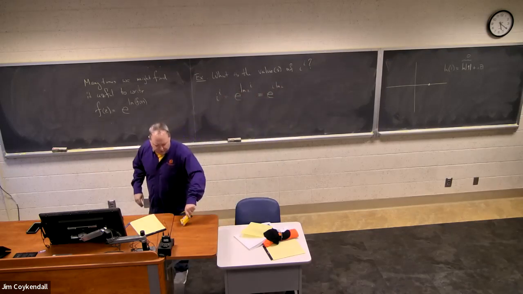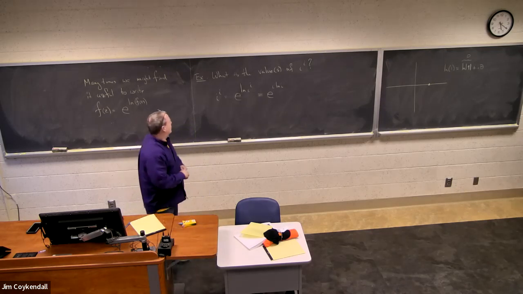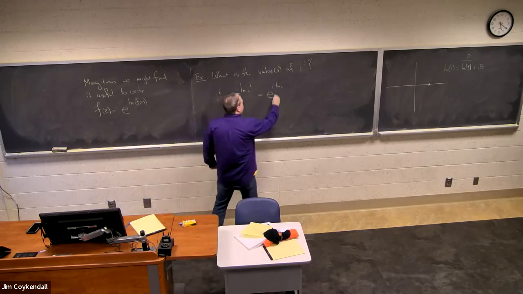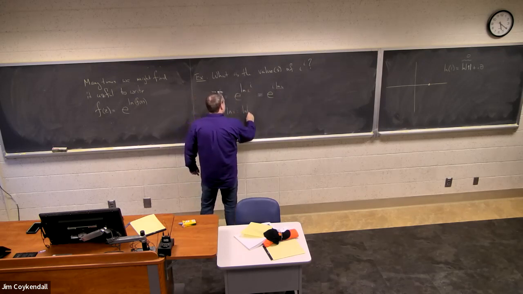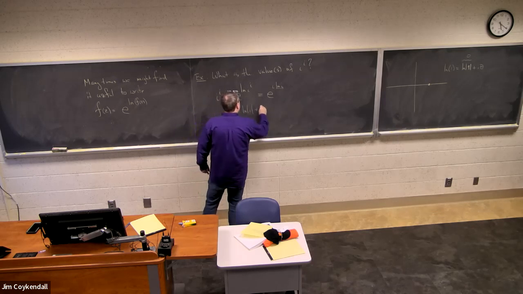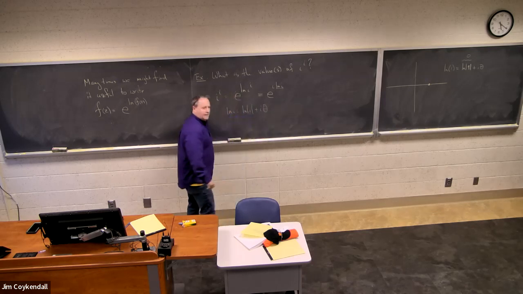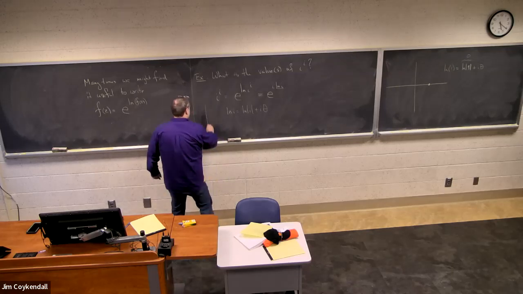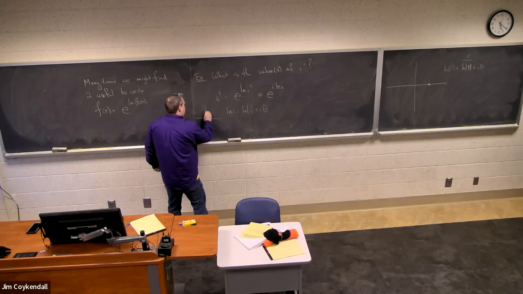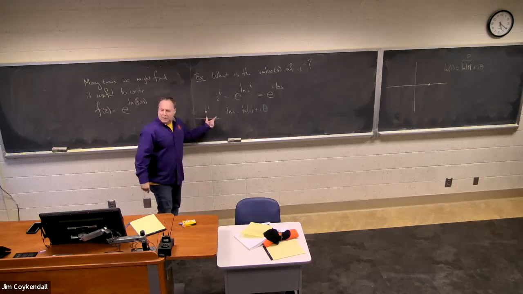Now, at this juncture, I need to evaluate this. The natural log of i is the natural log of the magnitude of i plus i theta. Here's where i sits in the complex plane.